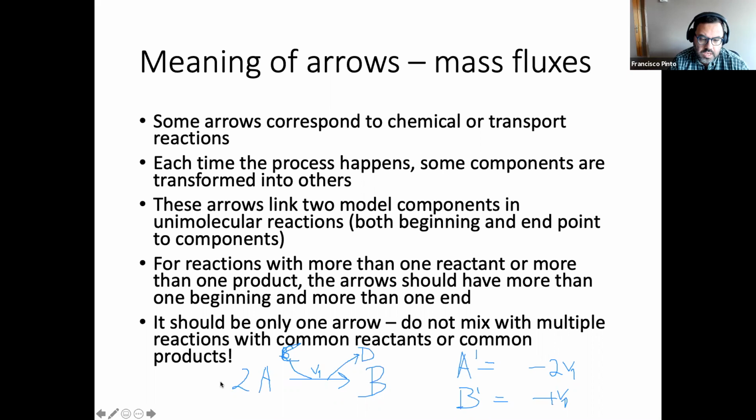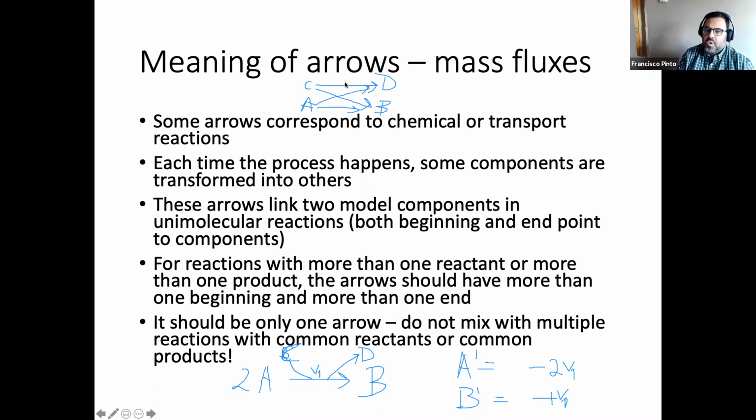Okay. And of course, sometimes these arrows are not so well organized because, for example, this same situation could be represented by C giving origin to D and C giving origin to B, while A gives origin to D, like this.